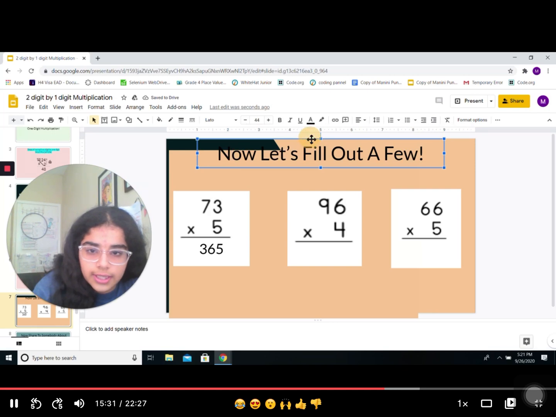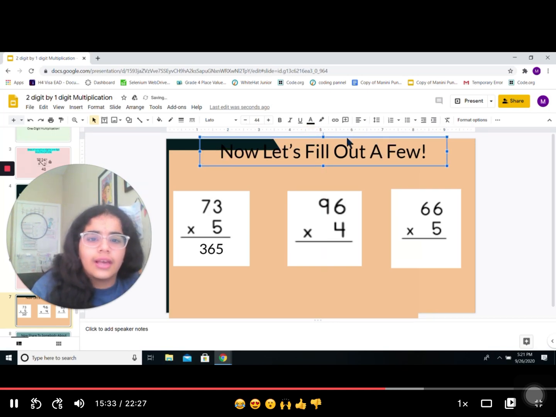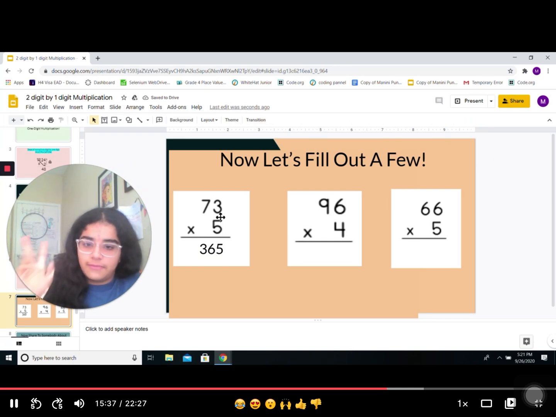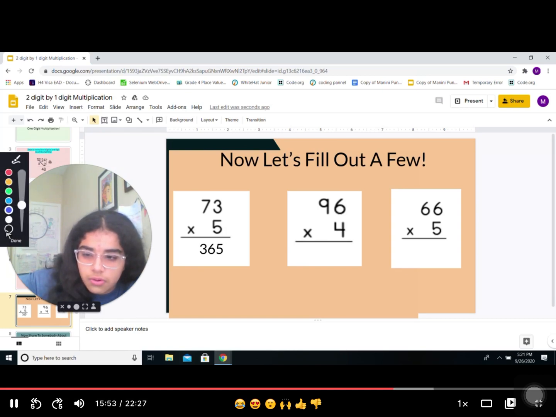So 5 times 3 is 15, so I would put my 1, and I'll put my 5 out here. 7 times 5 is 35. So I would put 35 plus 1 is 36. So now let's move on to the next part of it.